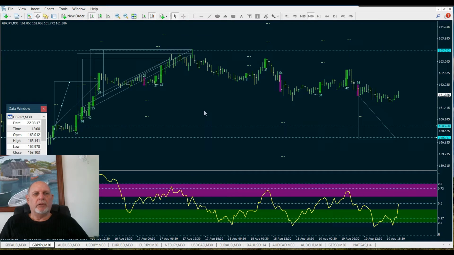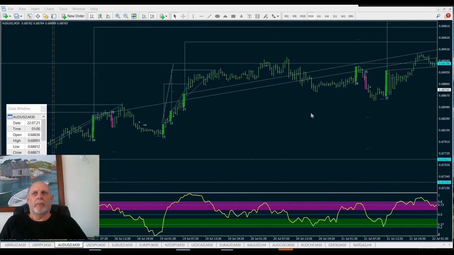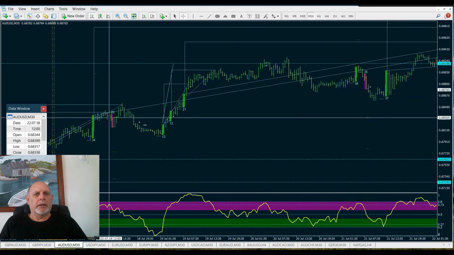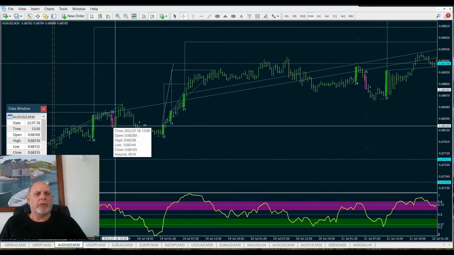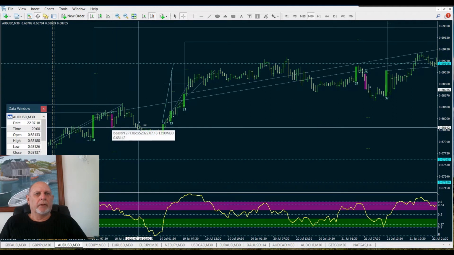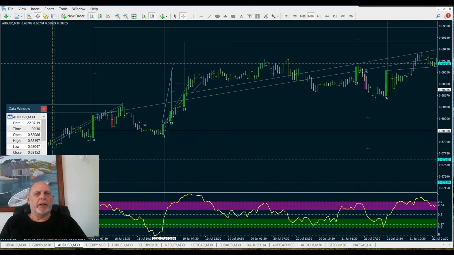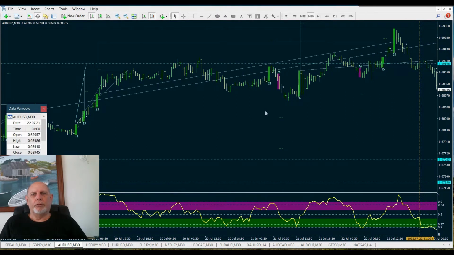Next one we get to is AUD USD. Okay, AUD USD, we never got a trade with the PT3 in that one. Nothing here. And this one comes down here, so we get a stop out there. Right, and then we get an entry here. Right, and that's the only joy we get.